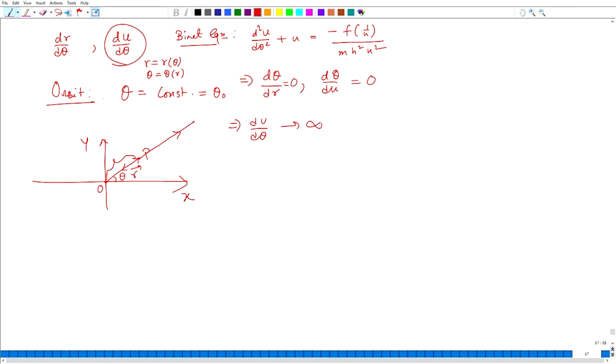And if it is infinity, then you cannot insert d2u d theta 2 in this equation to find a friendly expression for f of 1 over u.